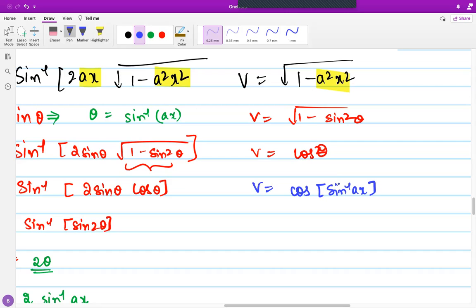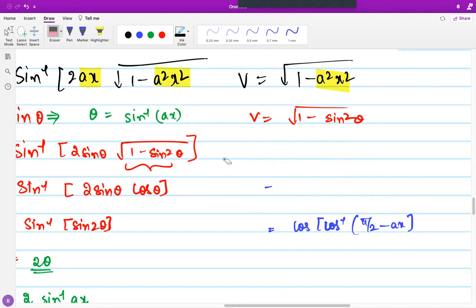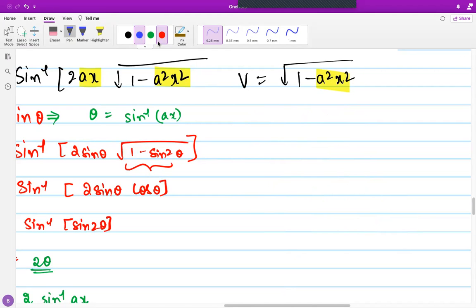I would need cos of cos inverse of pi by 2 minus ax, which is pi by 2 minus ax, but I cannot write it that way. So I'll try to solve it directly, students, so that I can get the answer in one shot. There is no inverse and all.